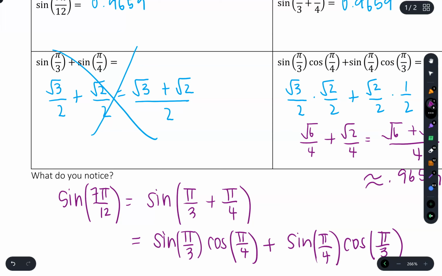So that means that I can rewrite an angle like 7 pi over 12, which is not on the unit circle, right? So it's not on the unit circle.